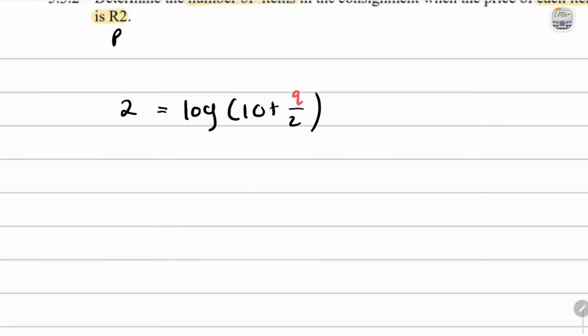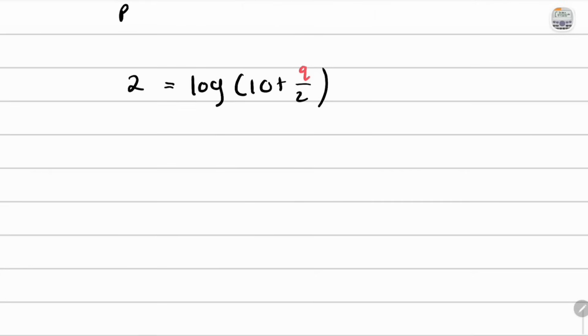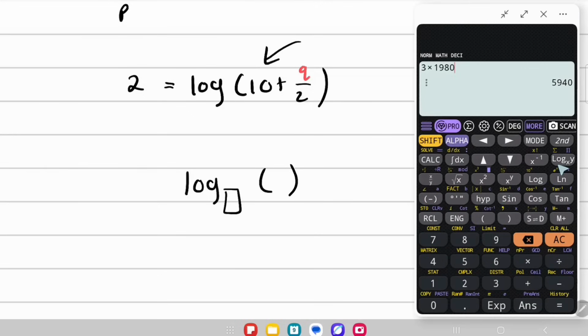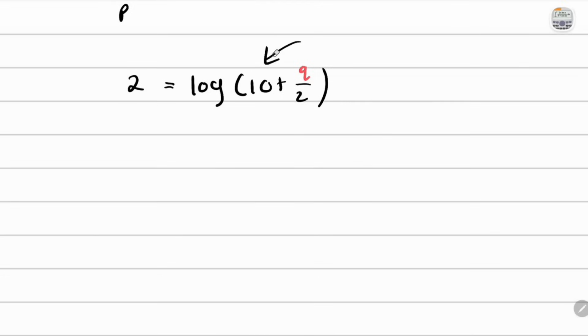So to solve for Q, because that's what we're trying to get to now, we can put this back in exponential form. So here's the thing about this log. The log that we usually use is the one that says log, and we have a base and then we have a value. With this, the base is always 10. So this one on your calculator over here, that's when your base is 10. So here is how we can rewrite this.